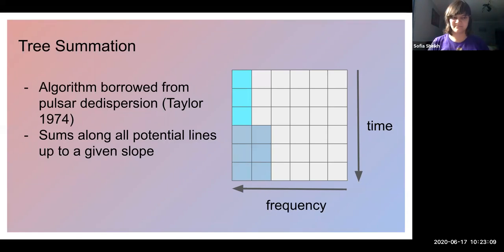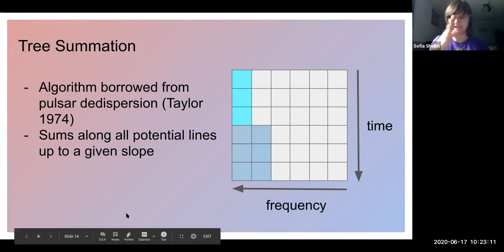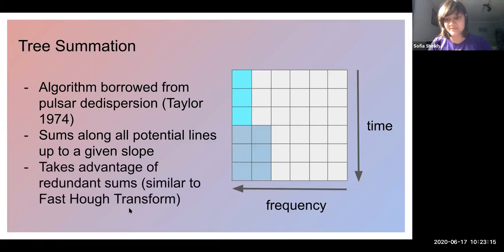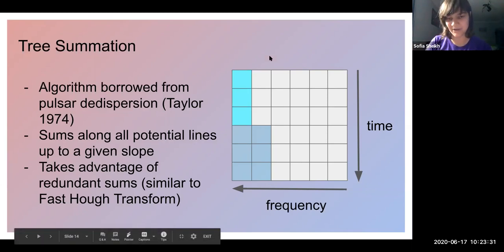You input the slope, and it'll search for all lines up to that slope. And most implementations of this algorithm now take advantage of redundant sums. You can do this with the Hough transform as well, which is how you get it from order n cubed to order n squared log n. You can kind of change an n to a log n if you are clever about how you're saving your arrays.